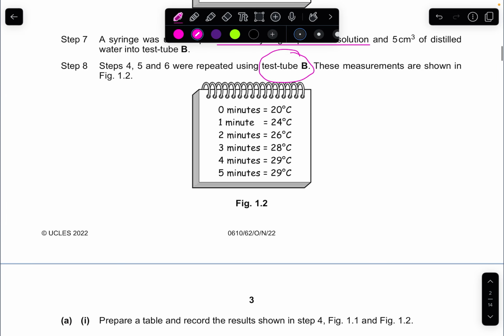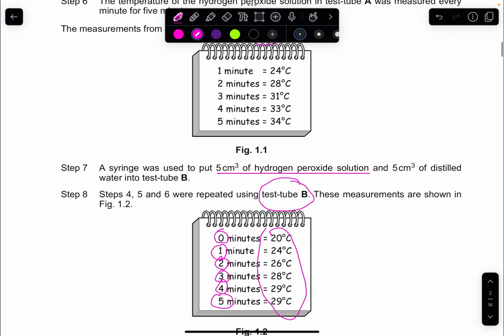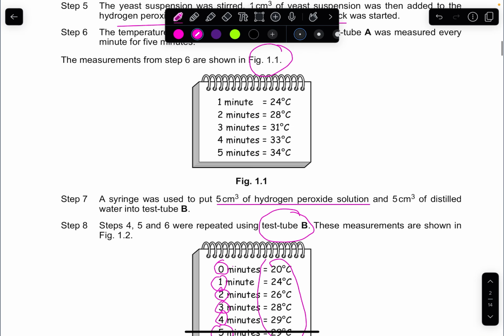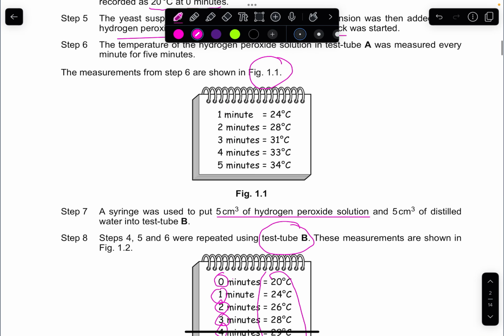If you see the first figure, they show us the time that starts from 0, 1, 2, 3, 4, 5 minutes, and on this side they give us the temperature. Same thing in figure A, test tube A, but that starts from 1 minute, 2 minutes, 3, 4 and 5, and on this side we have the temperature.